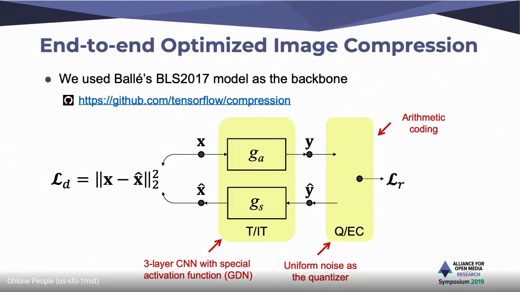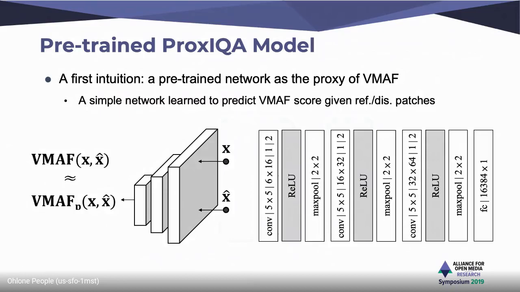So we want to solve this problem. A first intuition is using a pre-trained network as a proxy of a complex perceptual metric such as VMAF.